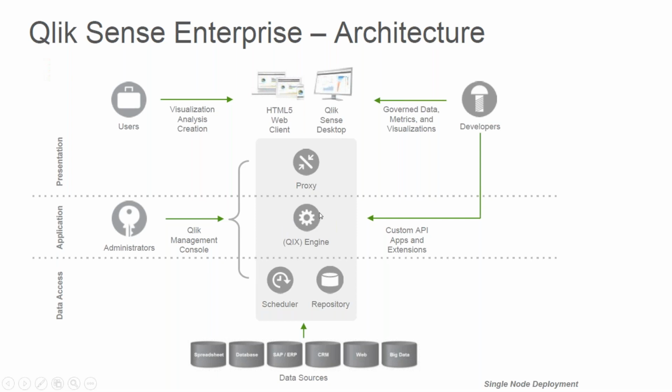Everything is controlled by the Qlik engine. And you have proxy services which act as a gateway. They help authenticate a proper user, who can access a dashboard or not. All of these services are controlled through a console called the Qlik Management Console, QMC. This is again an admin part. We'll also be looking at this part in our course.